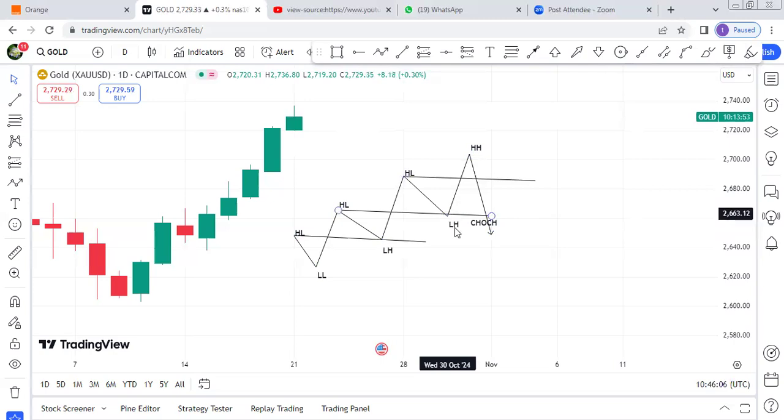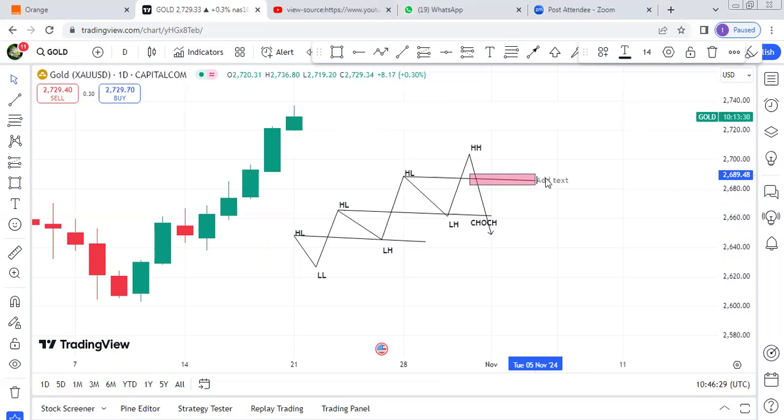We expect the market now to retrace back from its point of interest on the higher high. The market sometimes might want to choose the breaker block, which is where it broke the previous high. So we say this is our breaker block.